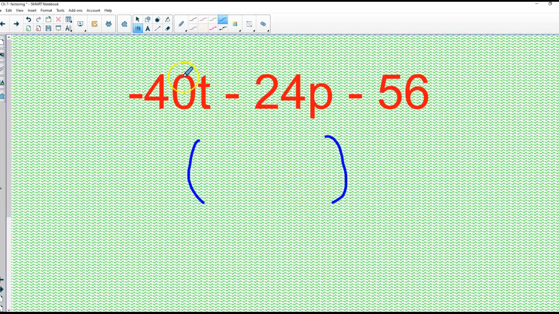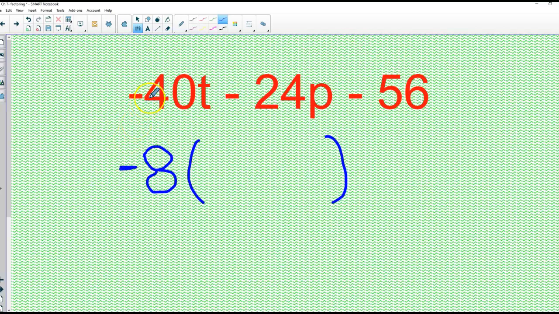Okay? So if we look at the numbers, 40, 24, and 56, we have to find the largest factor that goes into all of them. And I believe that would be 8. So I'm going to put my 8 here. But remember, we said that all of these were negative. So not only are we pulling out 8, but we're pulling out a negative 8. We're pulling out that negative.